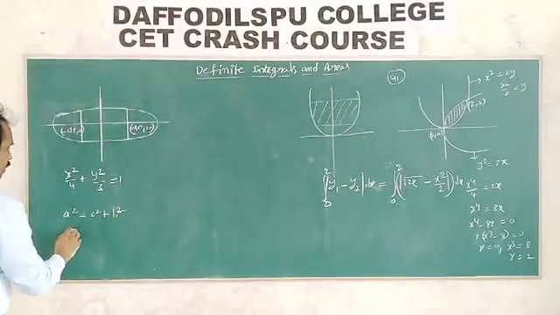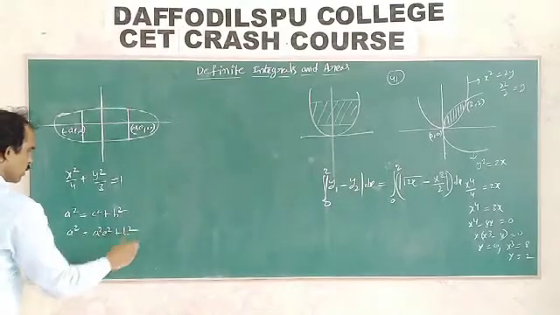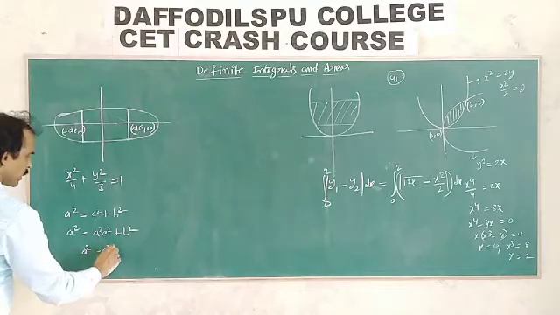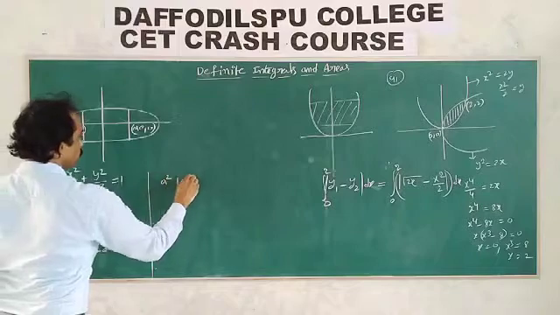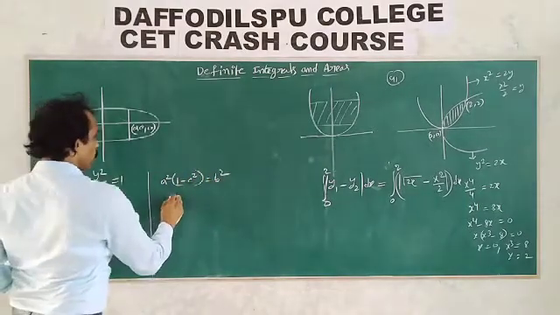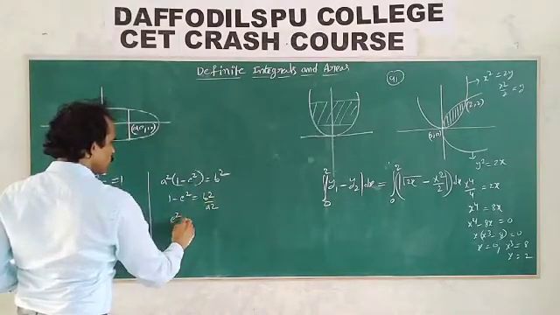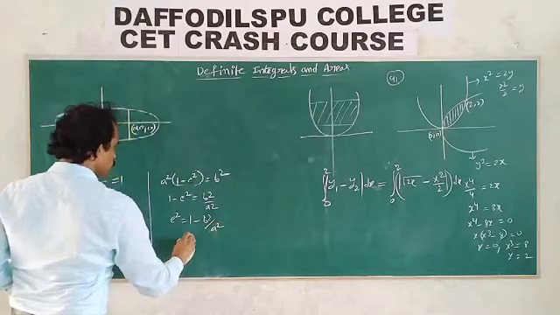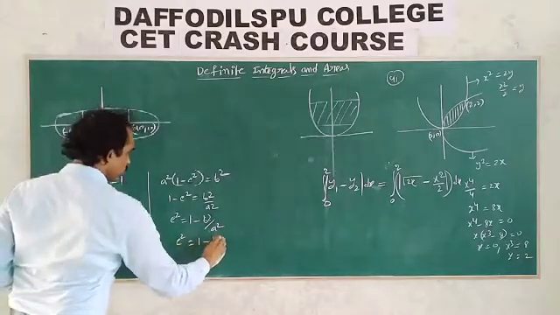Therefore, take this side, a square minus c square is equal to b square. a square common, 1 minus e square is equal to b square by a square. Therefore, e square is equal to 1 minus b square by a square. So, e square value is equal to 1 minus b square value 3 by 4.